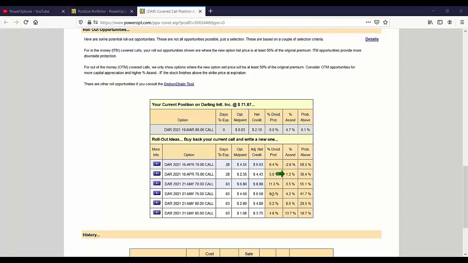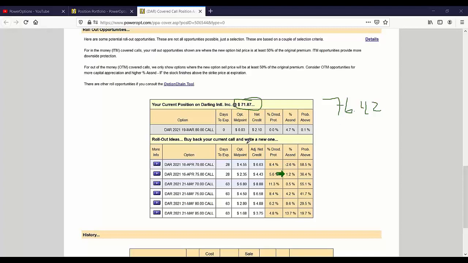Why am I showing a profit of 1.2%? Because that is if the stock is trading at 75. Remember, right now we still have a cost basis of 76.42 with our position expiring worthless. Taking in this remaining 235 is going to put us down to 74.07.